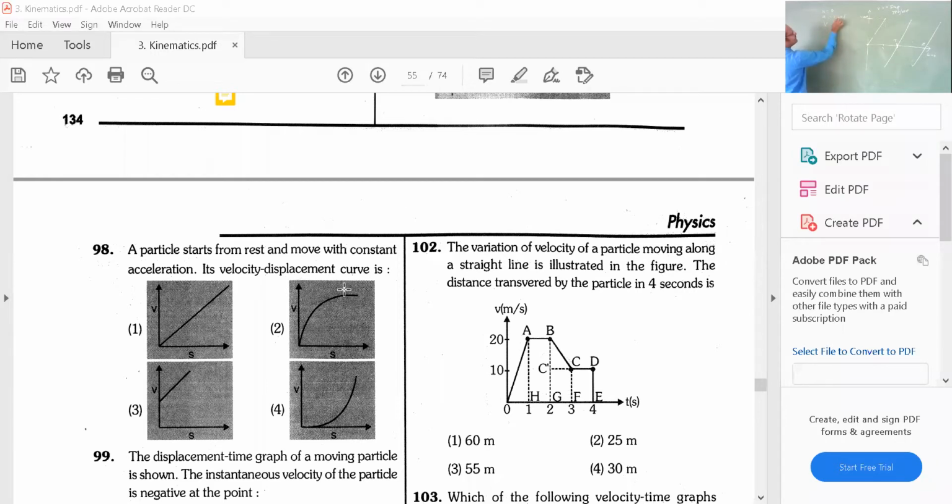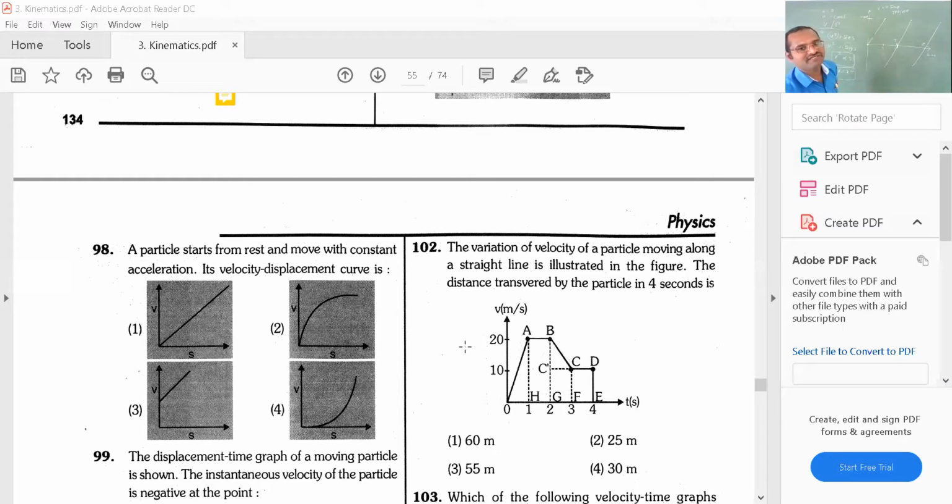We know v square minus u square is equal to 2as. Here u is 0, so v square is equal to 2as. Since a is constant, v square is proportional to s. It is a parabola, like y is equal to x square. Parabolic graph, correct. Option 2 is the right answer.